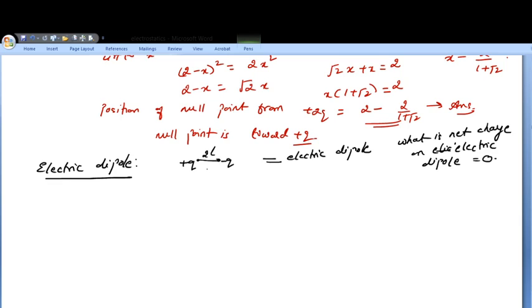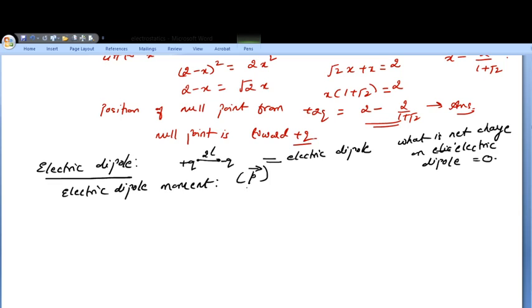Then how strong is this electric dipole? To measure the strength of the electric dipole, we have a quantity which is known as electric dipole moment. This quantity tells you about the strength of the electric dipole.